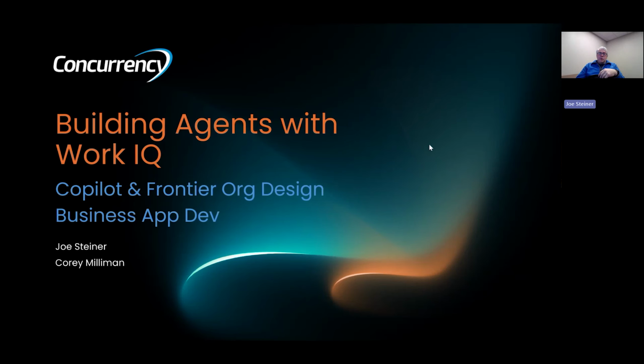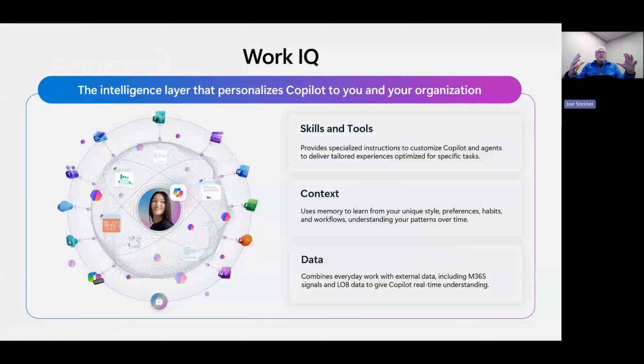So Work IQ is that layer of intelligence that allows you to operate within Copilot and then leverage all the other data, skills, context, and memories about you that the system has, and brings that all together so that it makes it easier for Copilot to operate, but also as you're developing agents for those to operate, and makes development easier, as well as provides for much more powerful capabilities within there.